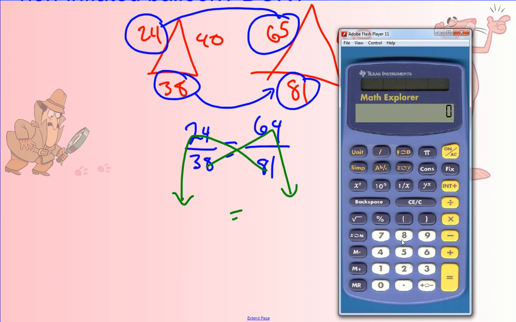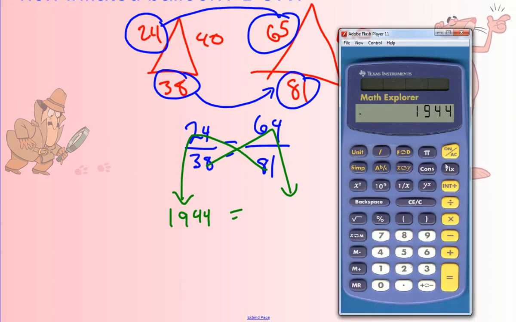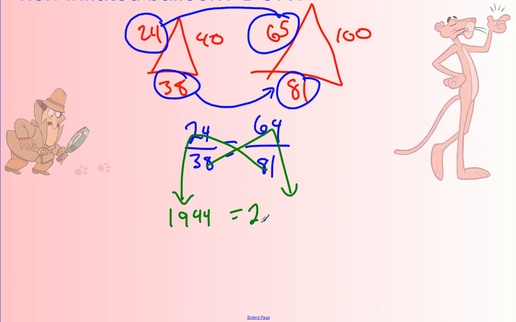So we're going to take 81 times 24 equals 1,944. On the other side, we take 38 times 64 equals 2,432. So the answer here is, in this case, no.